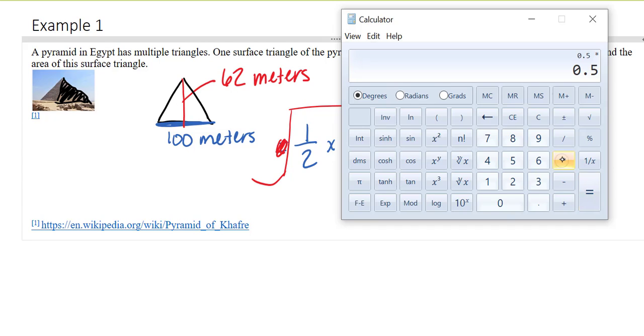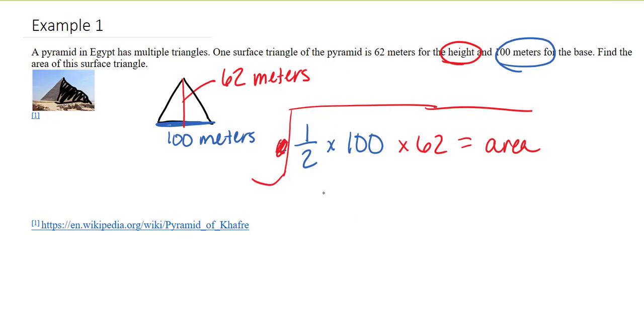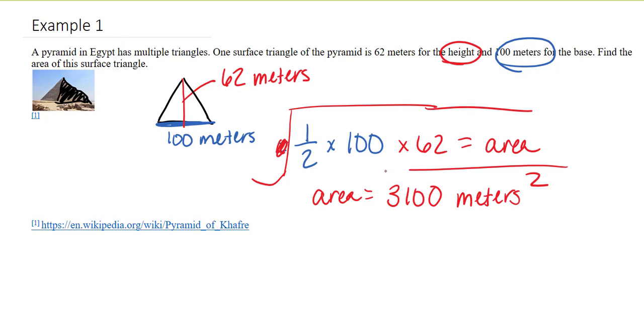And we can just go ahead and multiply by 100 times 62, and we get 3,100. So our area is 3,100 meters squared, and we do the squared because it's area. So that doesn't change in terms of area of a different shape.